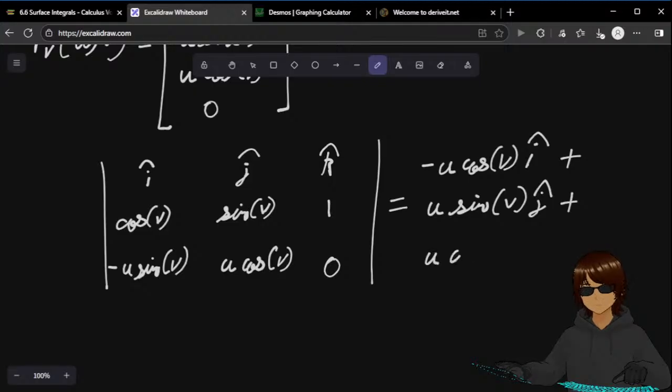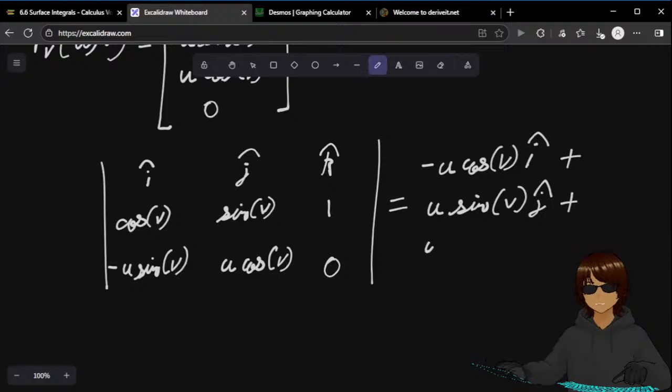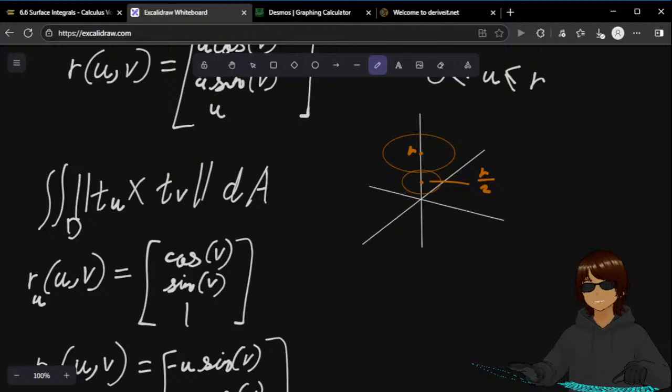So U cos square V, this minus this, plus U sine square V. Okay, and then that's just U. Sine square and cos square, they give 1. This is the cross product.